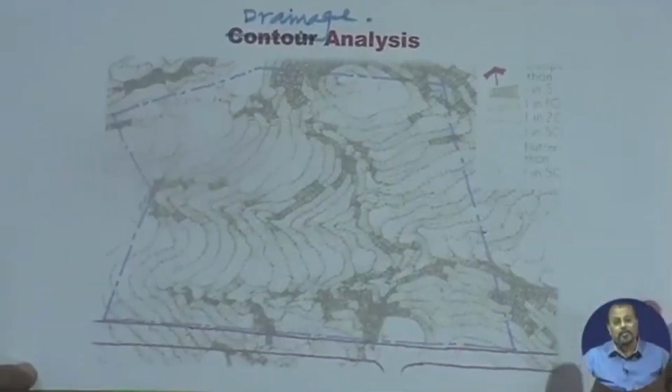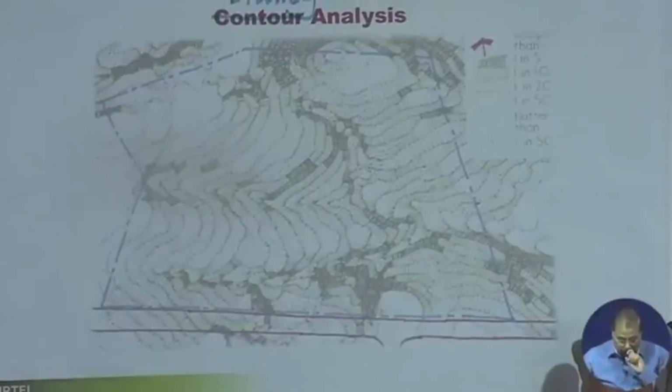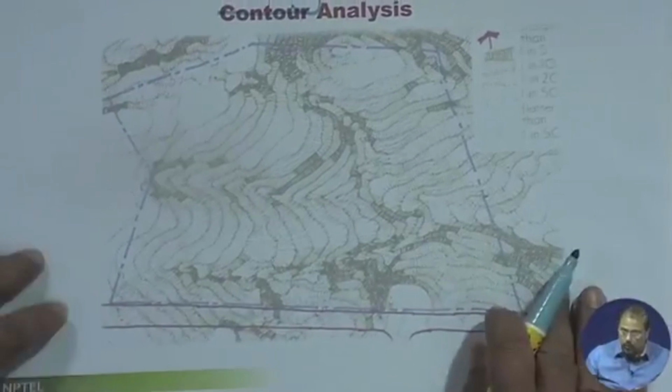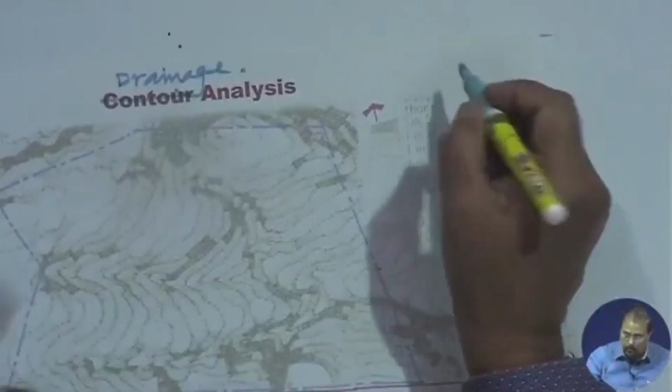In this drainage analysis, you have to indicate a few important things.